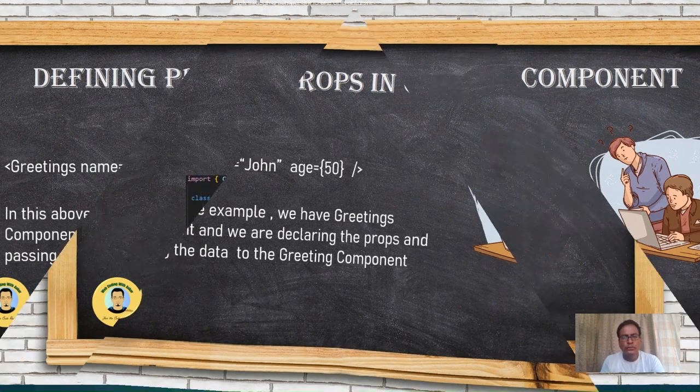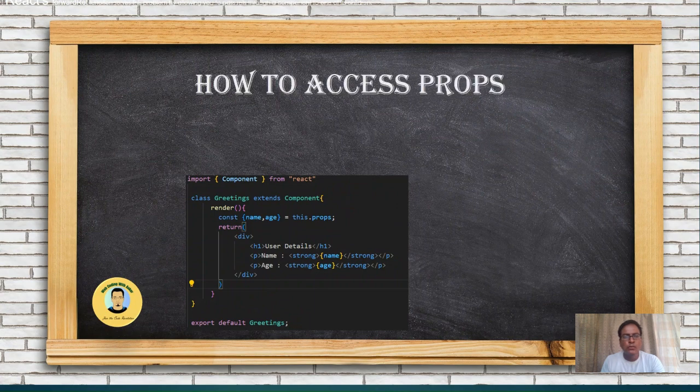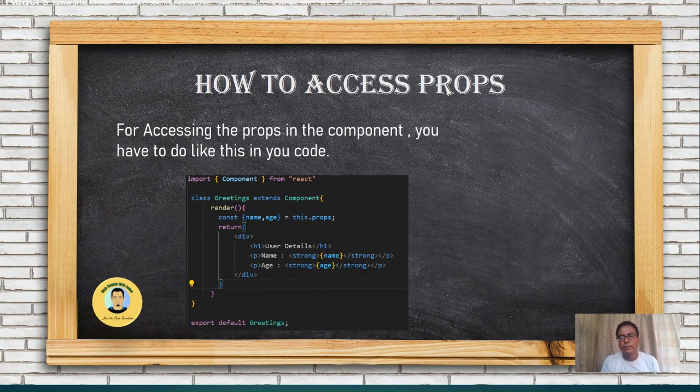Now, if we move on to our new slide, then we can see how we can access that props once we pass the prop in a given component. In the previous slide, you can see that in the greeting component, I have passed the name and age. Now inside the greeting component, we can access that particular props. Here you can see that we have a constant.